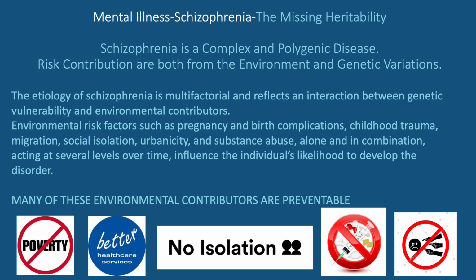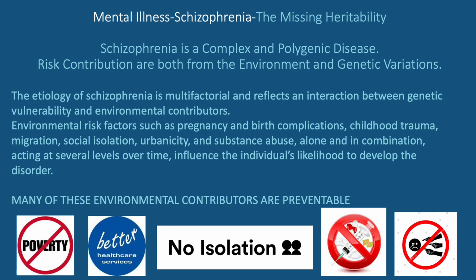In fact, when we look at heritability, genetic variation explains maybe a little bit more than 20% of the heritability, while twin studies, we saw, explain around 80% of the heritability, suggesting that there is what we call a missing heritability of schizophrenia.